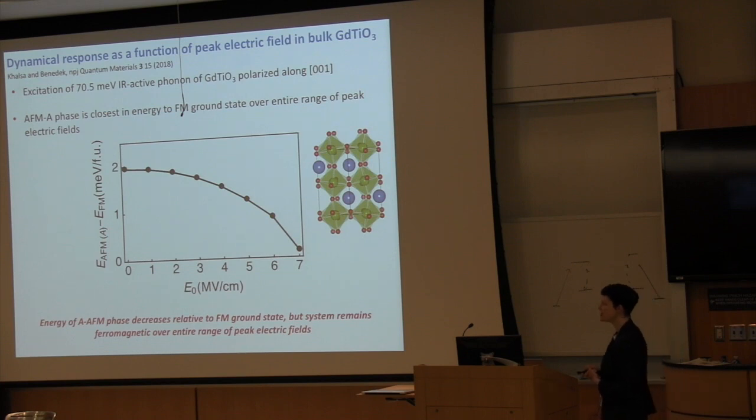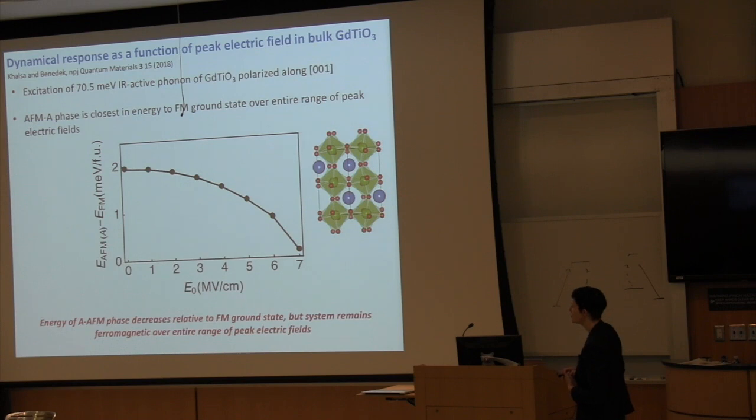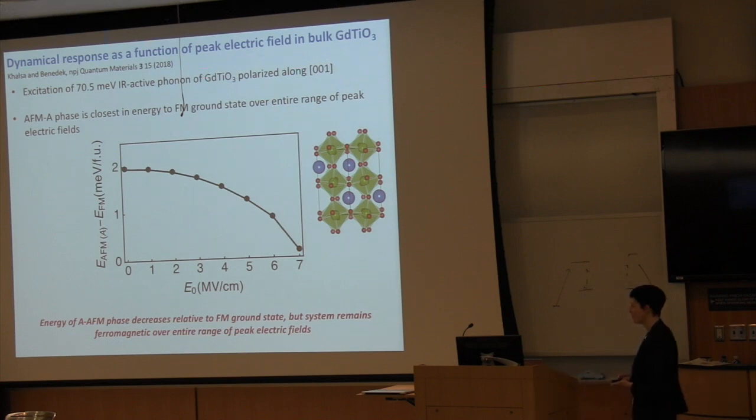Positive energy differences indicate that the ferromagnetic phase is more stable. So you can see that all of these energy differences are positive, so the ferromagnetic phase is more stable over this whole range of peak electric field values, but it's getting quite close to the A-type AFM phase.